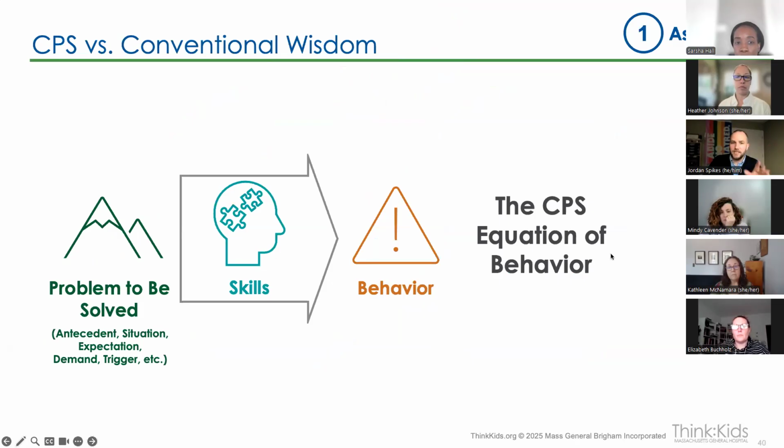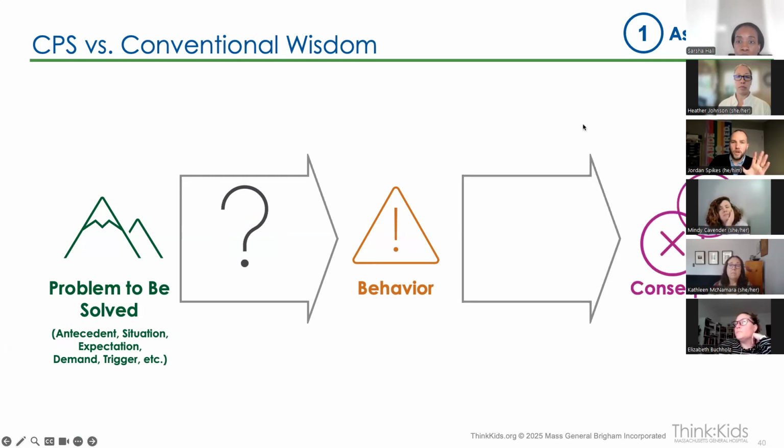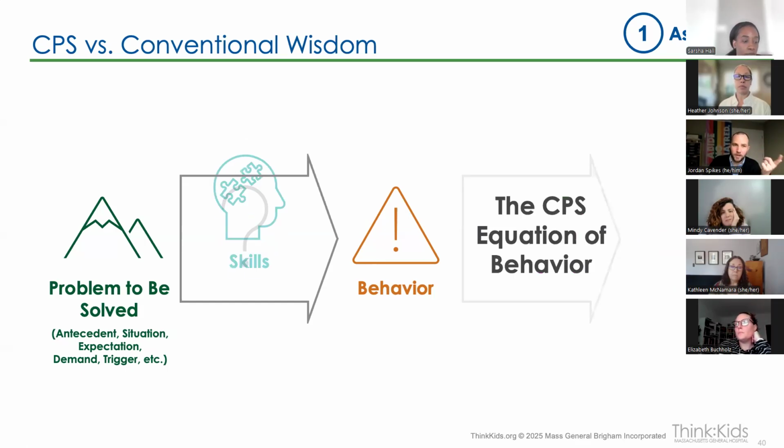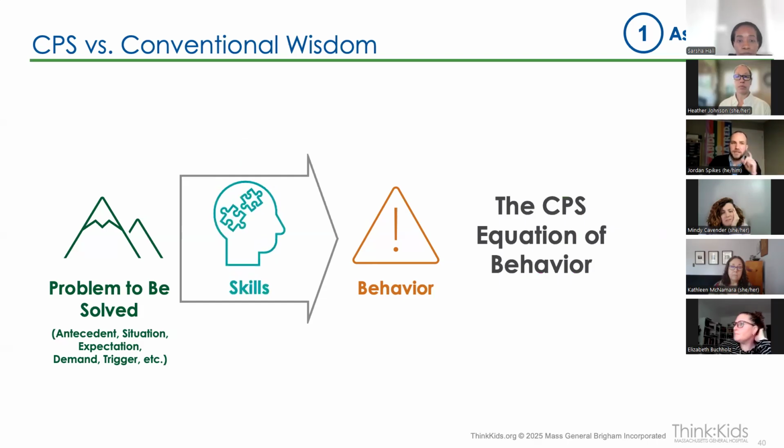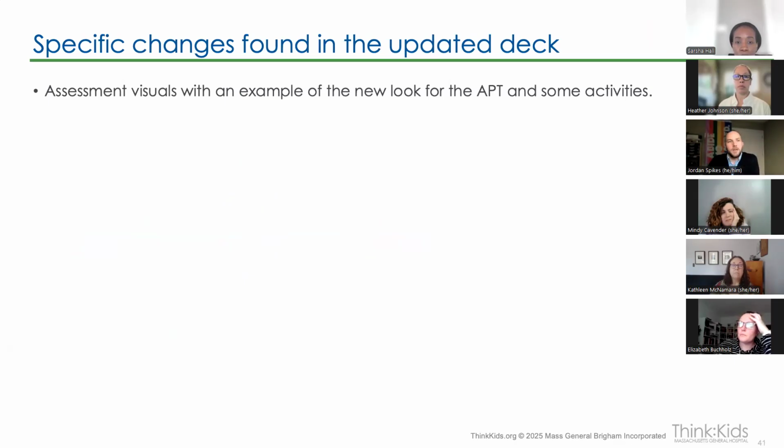This leads into the equation of behavior, which they've seen before, so no longer are we contrasting it necessarily. We are just saying this is what we often think about, but within this, we're wondering what's missing. And from a CPS lens, it's skills.